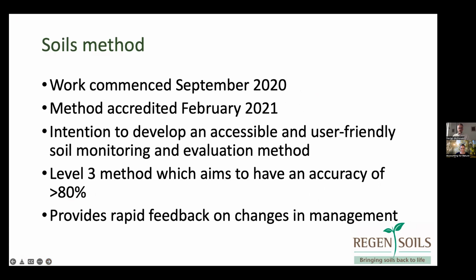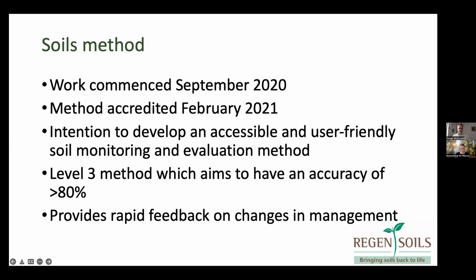Work commenced on this in September 2020, and the method was formally accredited by Accounting for Nature in February 2021. The intention always was to develop an accessible and user-friendly soil monitoring and evaluation method.